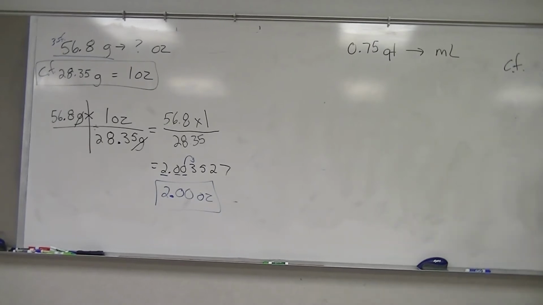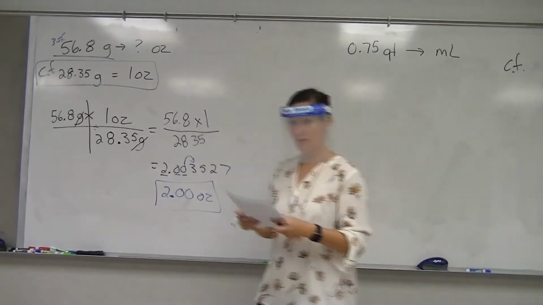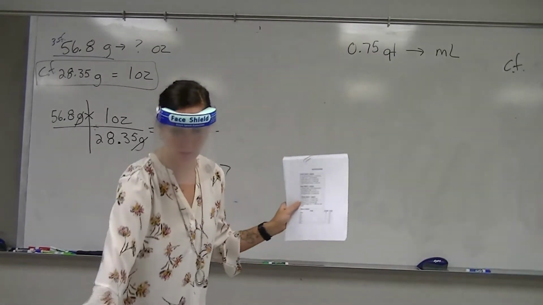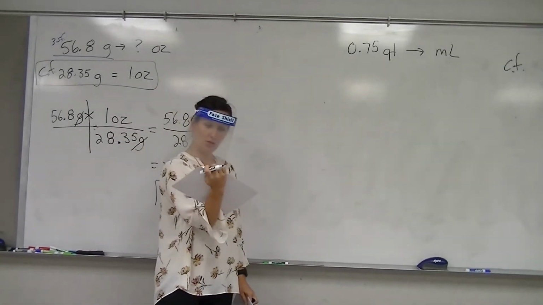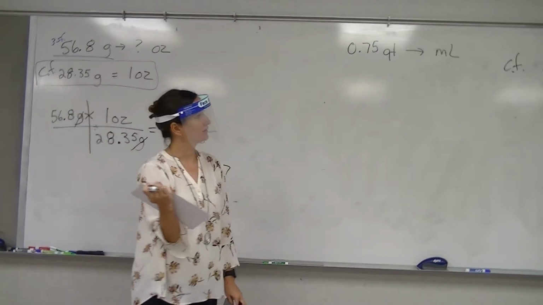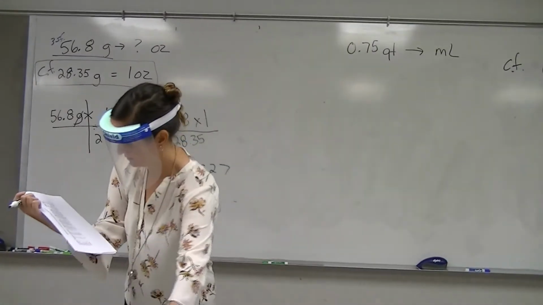If I use this conversion factor, I'll go from quarts to liters. So next, what I'm looking for is liters to milliliters. For that, we're switching to our big giant horizontal table, looking for how many liters are in a milliliter.